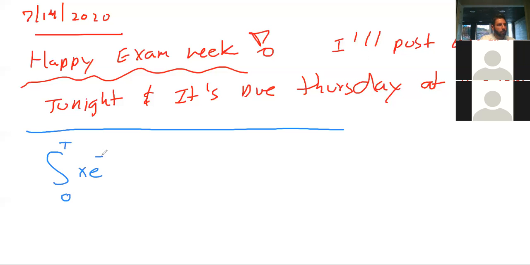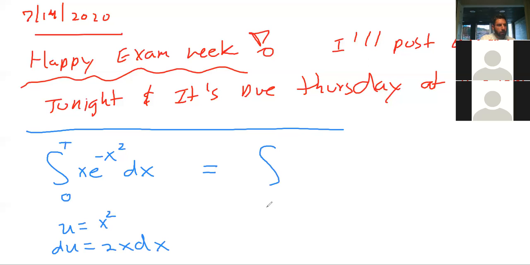The way I would tell you to think about this is set u equal to x squared. And then your du is 2x dx. So what does this integral become? Well, the x dx is du times a half. So this becomes 1/2 e to the negative u du.